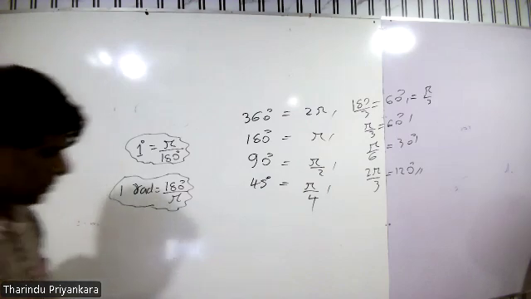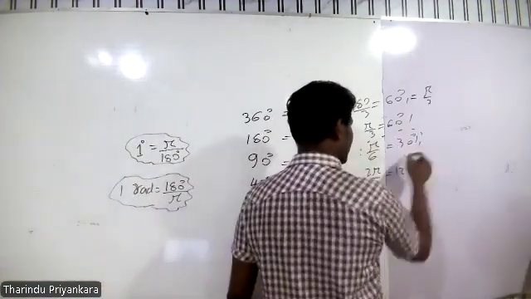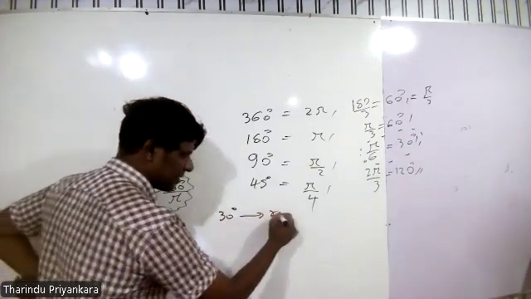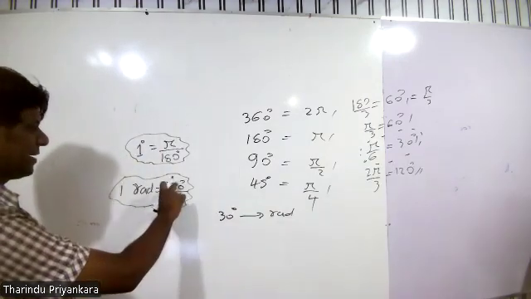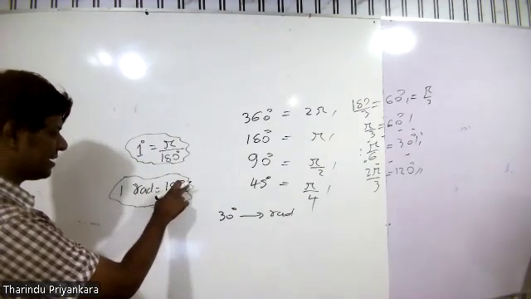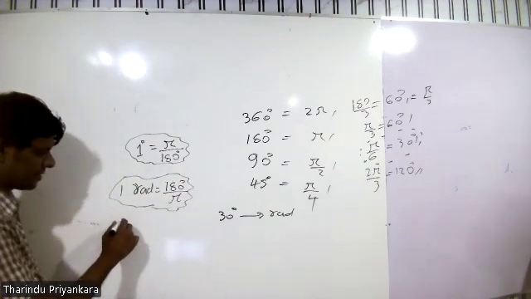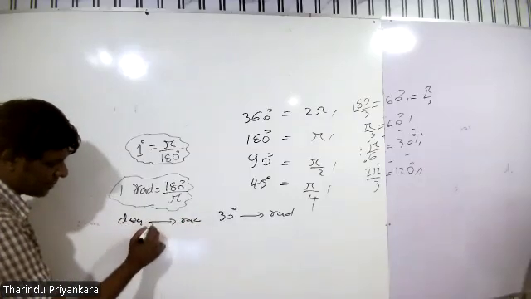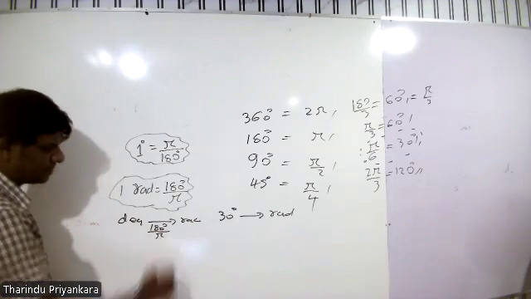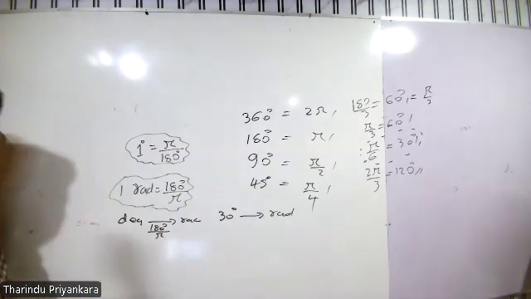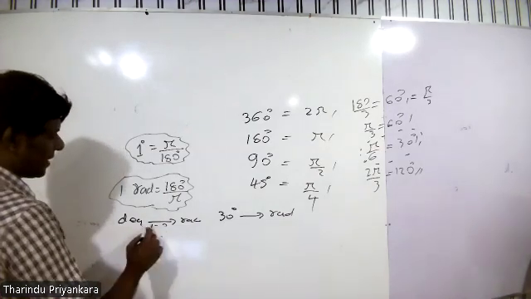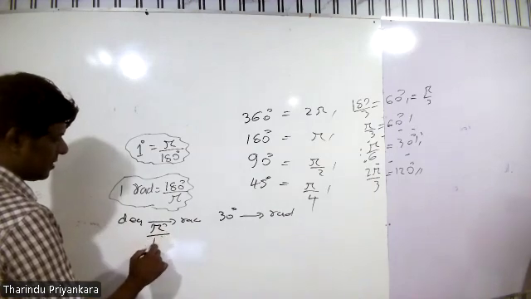Right. Have a good look. For 30 degree, I tell you to find out 30 degree in radian. What you have to see is that degree to radian conversion is done this way. You can convert degree to radian by multiplying it by pi over 180.